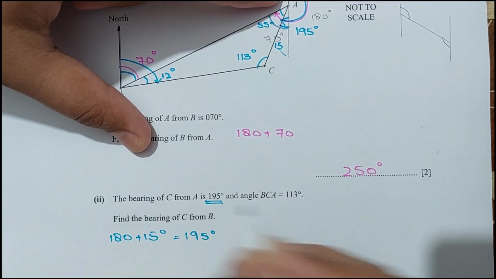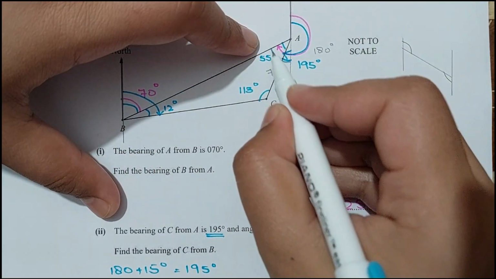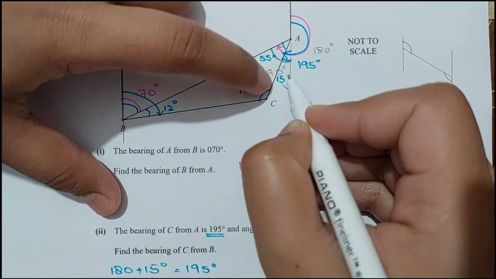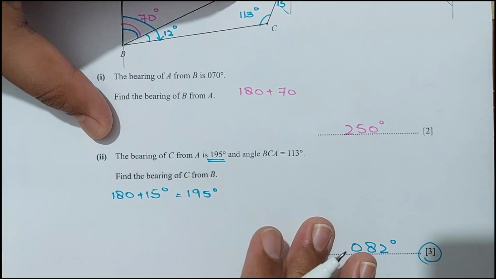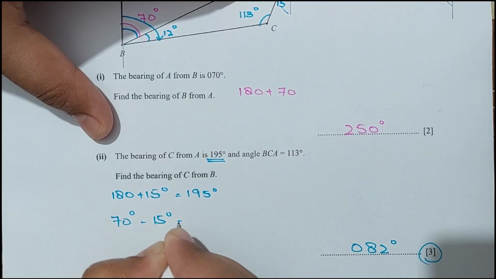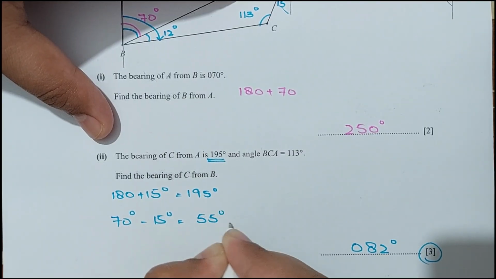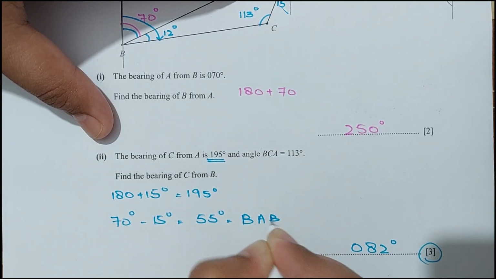That would be the bearing we have been given. Okay, so if this is 15, and this whole angle is 70, from 70 take away 15, you will get this inner angle for this triangle, right? From 70 degrees take away 15 degrees, this would be 55. That would be the angle CAB.